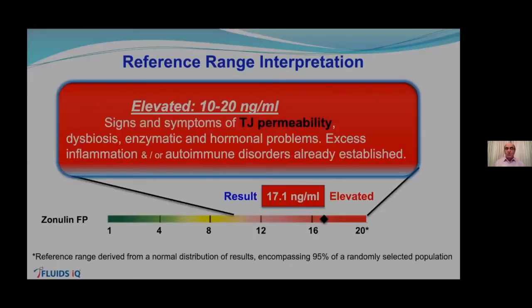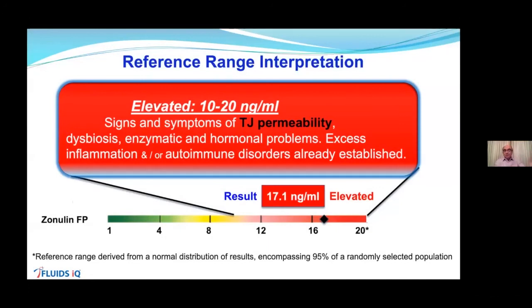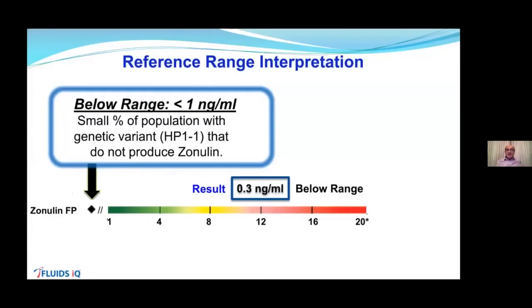What you don't want is to enter into a period where they are already in an elevated area, somewhere between 10 or 20 or even greater, where you have all the signs and symptoms of permeability of the tight junctions due to any number of dysbiotic, enzymatic problems, hormonal problems, etc. It is quite established at that point, and that is telling you that you must deal with it at that point.